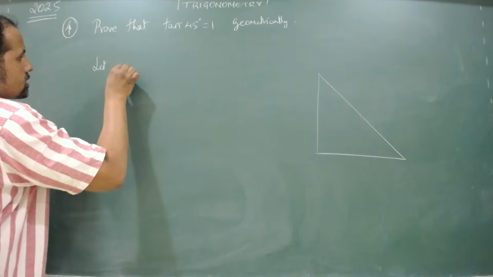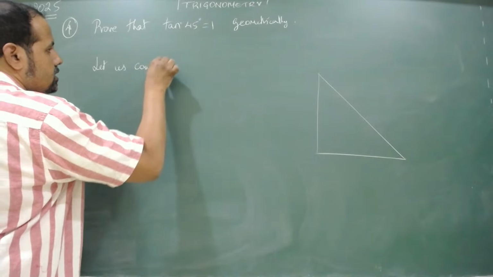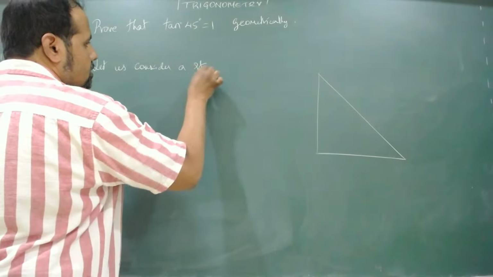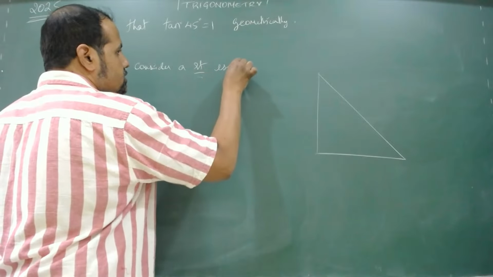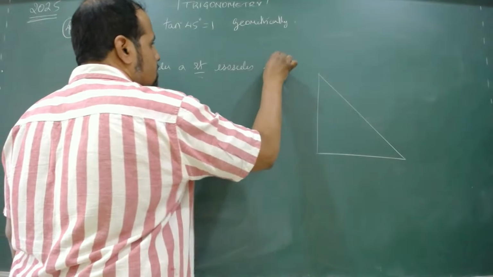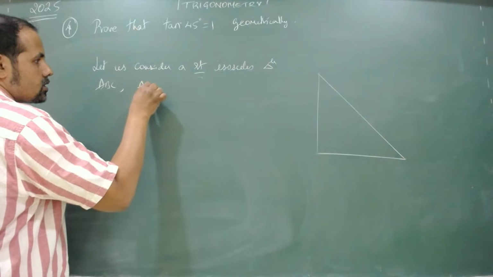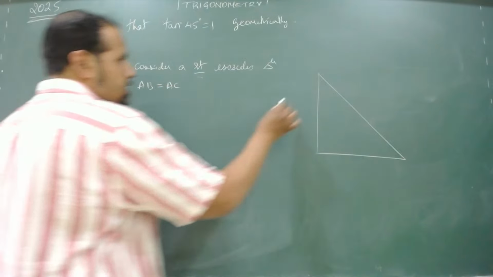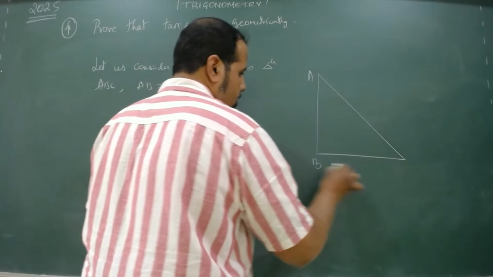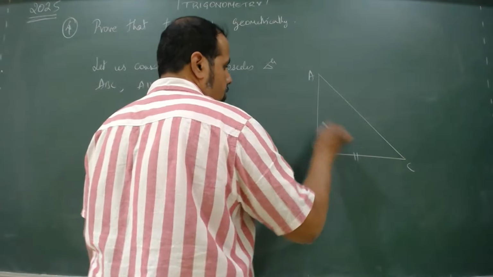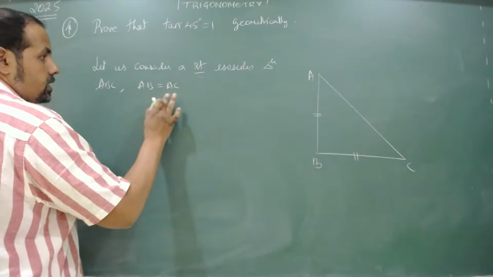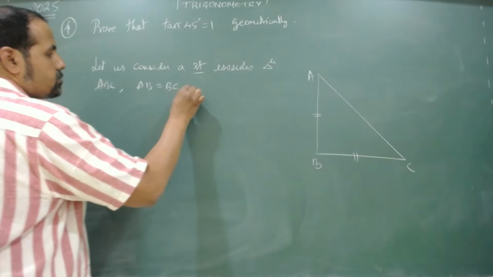let us consider a right isosceles triangle ABC in which AB and BC both are equal.